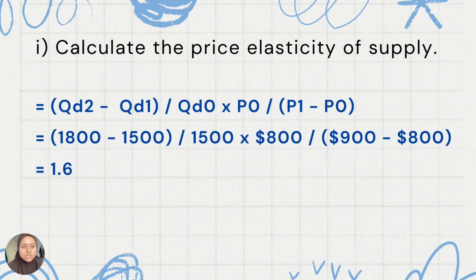So the first question is calculate the price elasticity of supply, and we use the formula percentage change in quantity supplied over the percentage change in price. So we got 1,800 minus 1,500 divided by 1,500 times $800 divided by $900 minus $800, and we got 1.6.